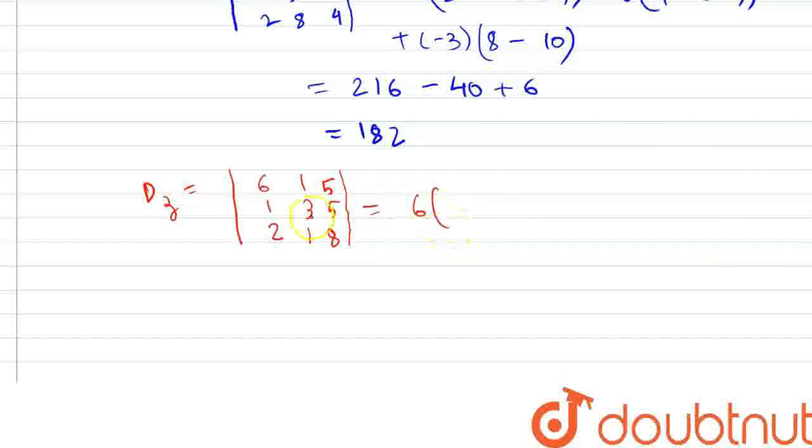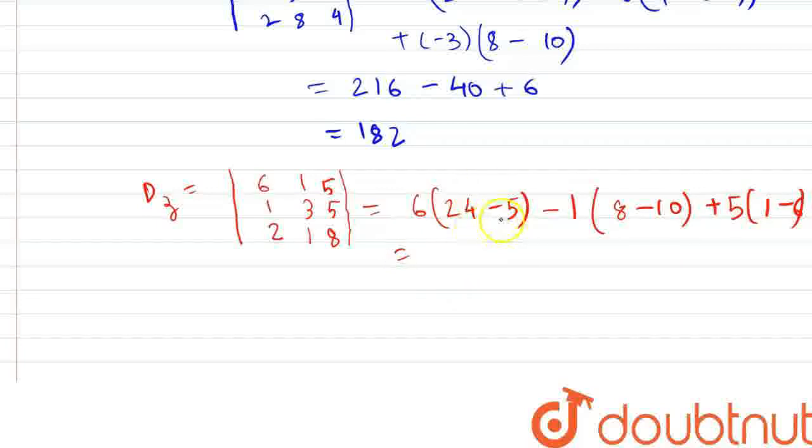When we calculate this, we get 24 minus 5, which gives 19, and 19 into 6 gives 114. Then 8 minus 10 means minus 2, and since this is also minus, minus minus becomes plus 2.